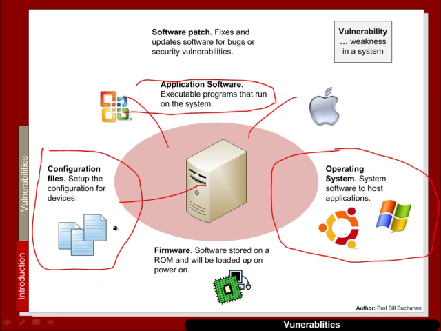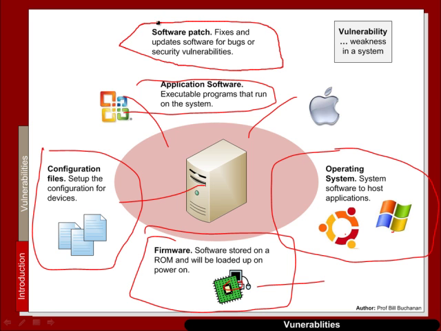These could be vulnerable to attack. And the general firmware, which is the software that's stored within a ROM, which is loaded when the system starts up. Typically we also have software patches which will try to fix and update our application software, our operating systems, and even our firmware.